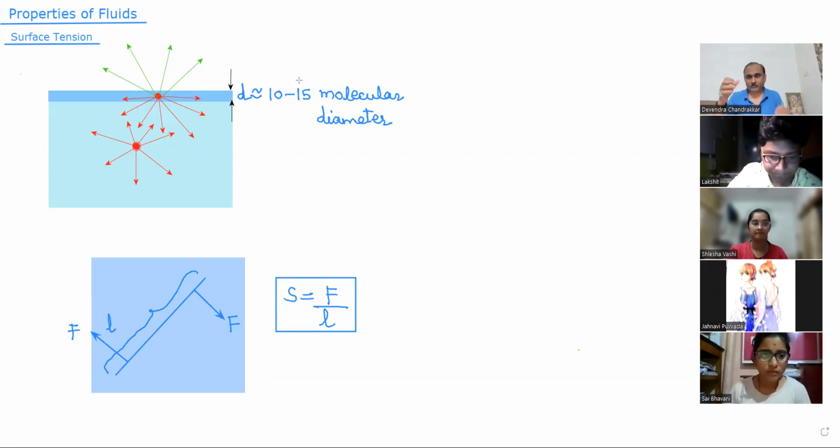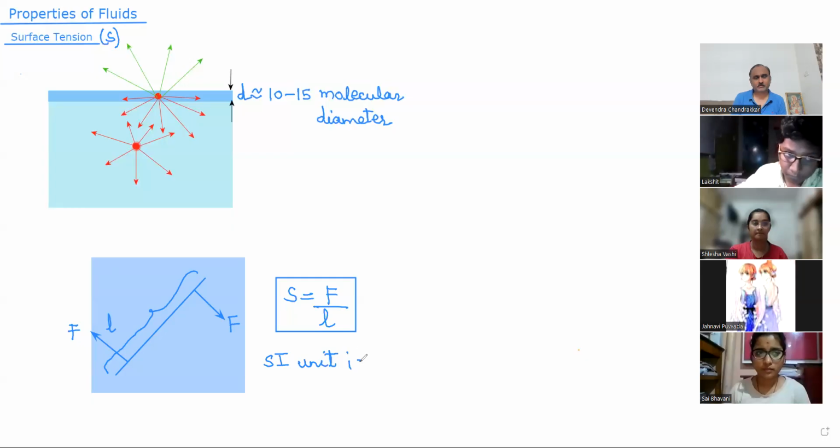This line is in equilibrium and it is pulled from both sides, because it's lying in the stretched membrane. That's why the surface tension S is given as force per unit length. The SI unit of surface tension, represented by S here, is Newton per meter.